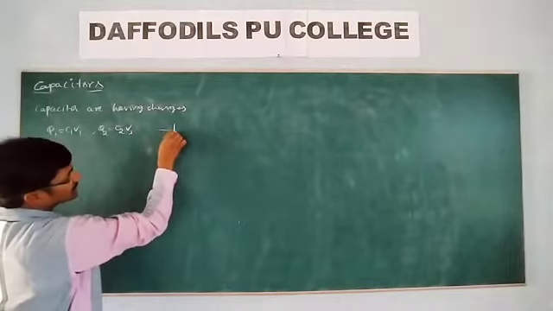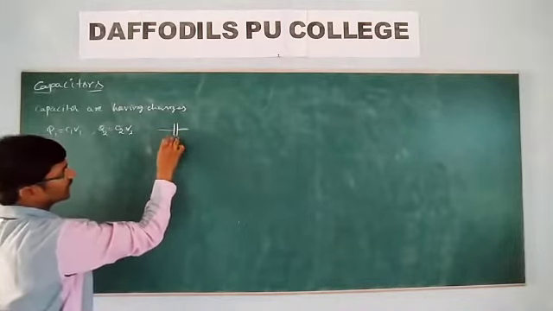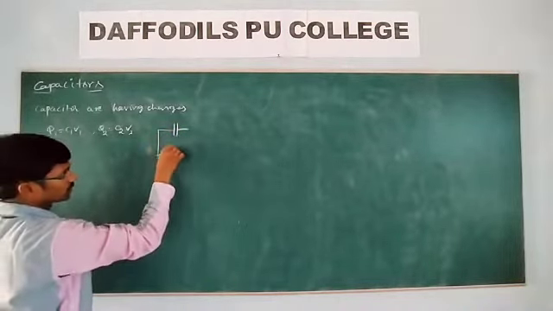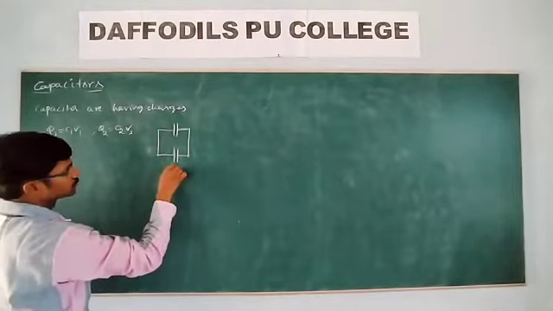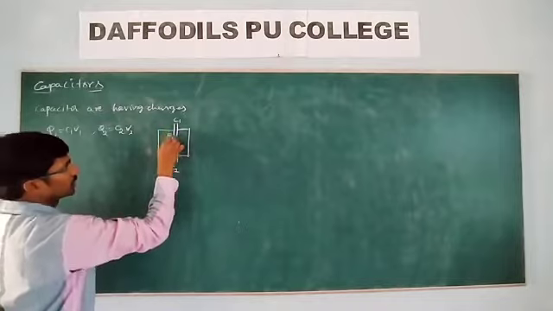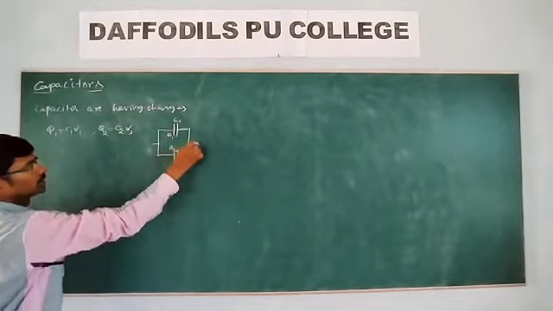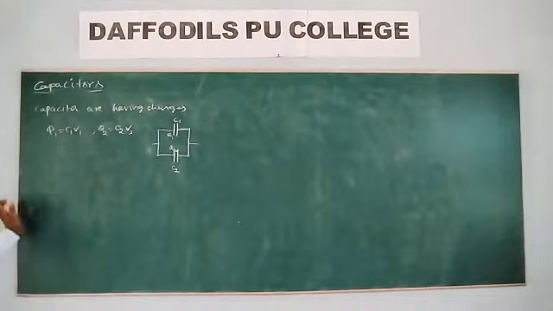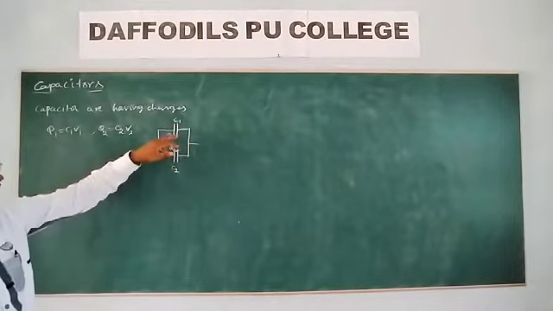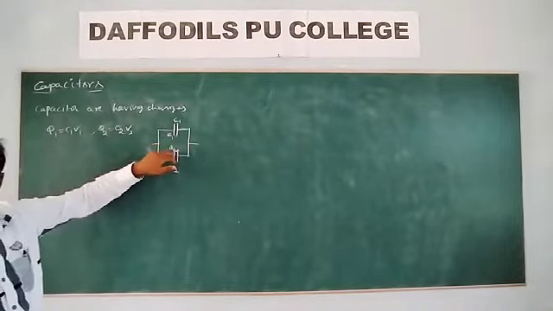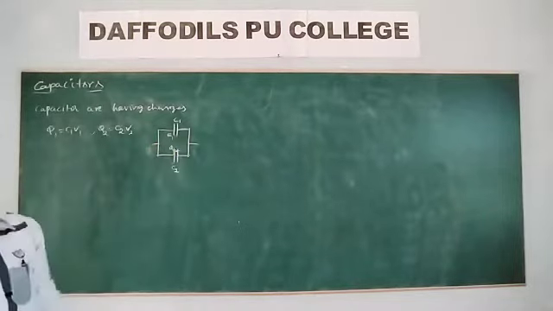And these capacitors are connected together, C1 with Q1 and C2 with Q2. Then what will happen? If one has more charge and the other has less charge, then charge flows from one capacitor to the second capacitor till they get equal potential.